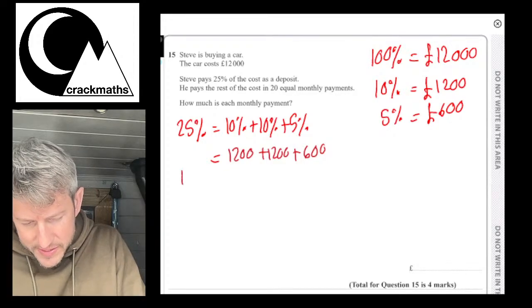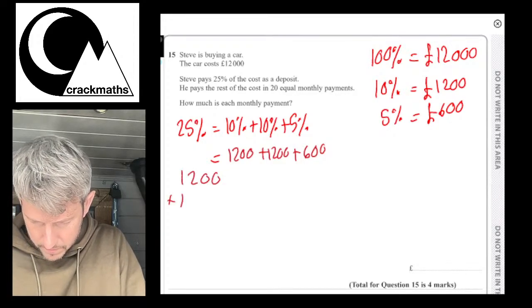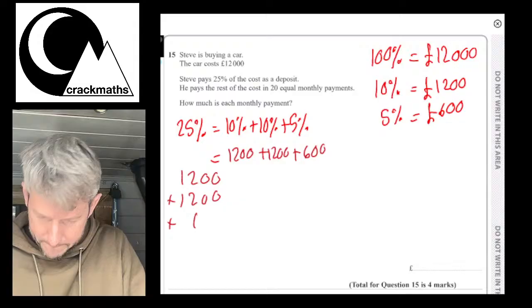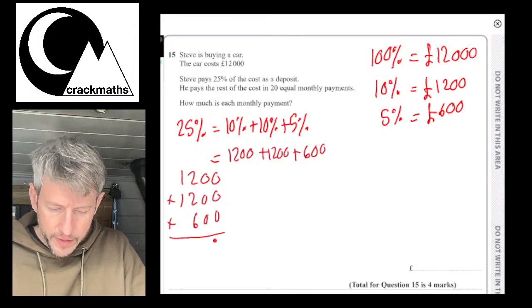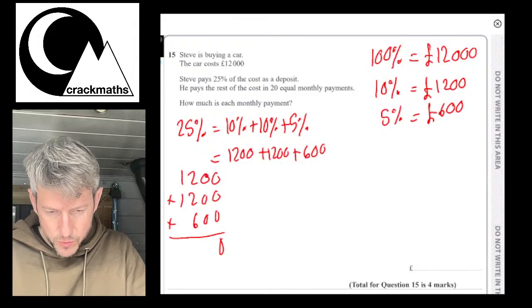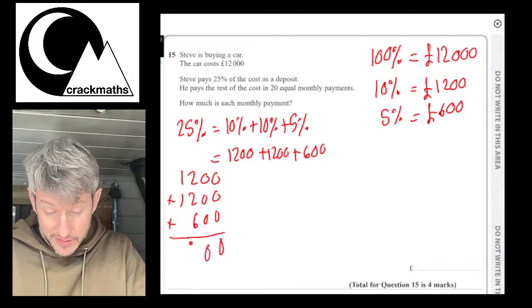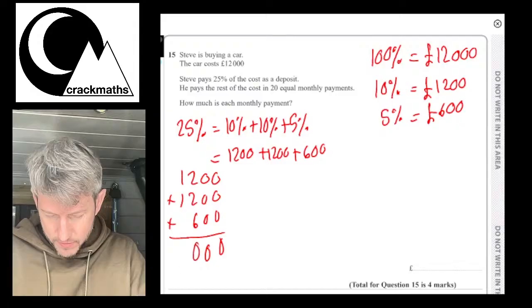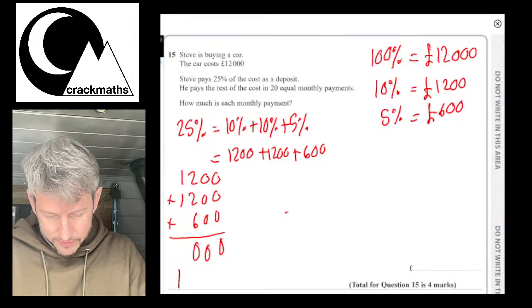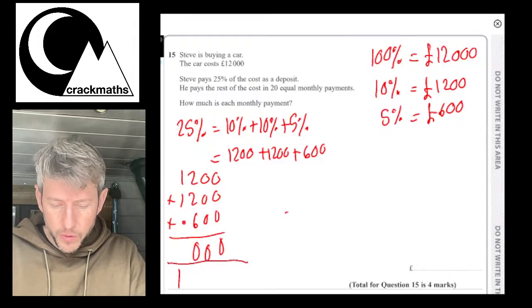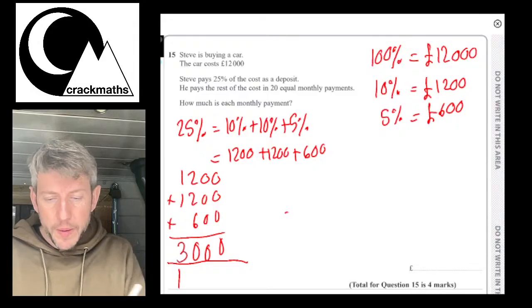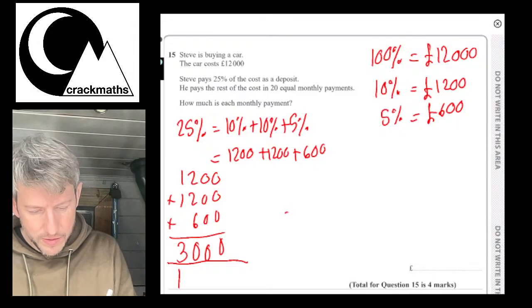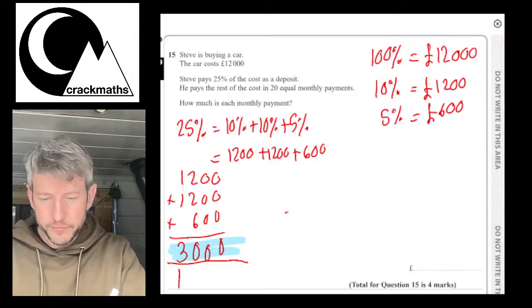Let me write that like this. 0, 0, 0, 0. 2 add 2 is 4. Add 6 is 10. 1 add 1 is 3. So therefore he pays £3,000 at the start.